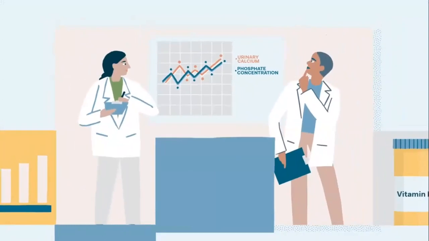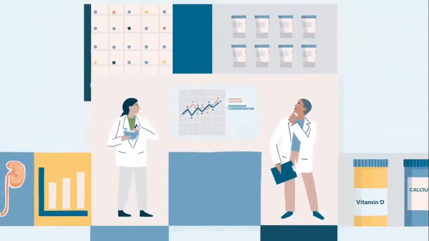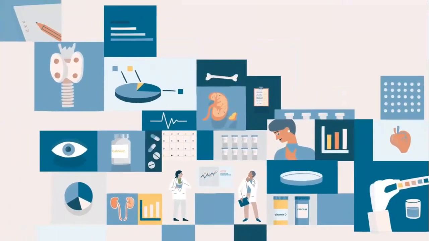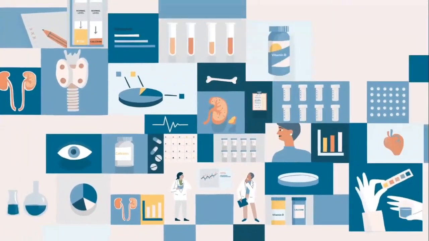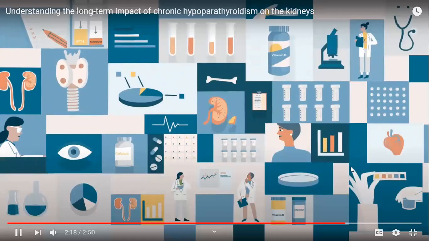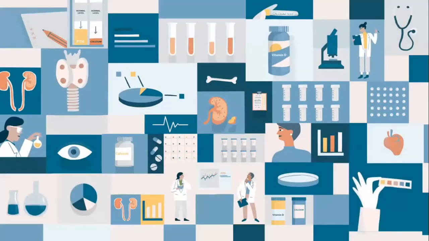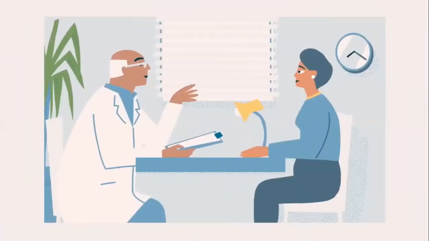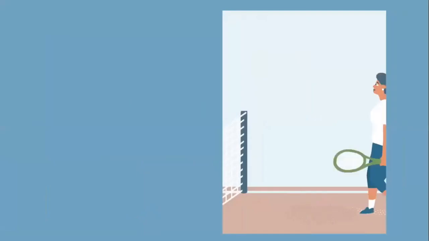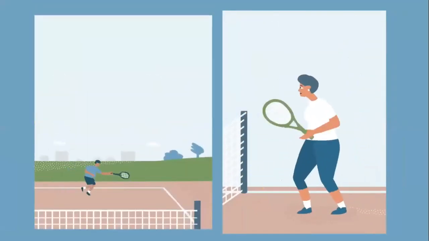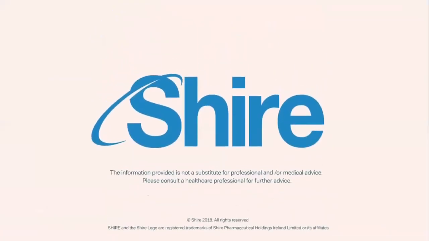Further research is needed to understand exactly how hypoparathyroidism causes long-term kidney complications. New and continuing clinical research is expanding our scientific and real-world knowledge of this. With an extensive program of life sciences research and long-term data generation, Shire, as a leader in rare diseases, is committed to making a meaningful difference for people with conditions such as chronic hypoparathyroidism.